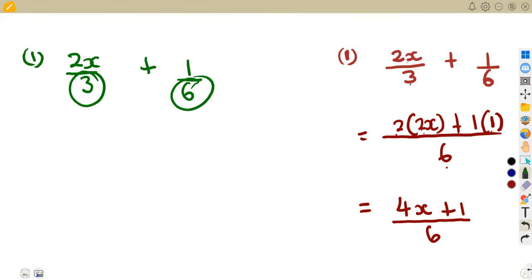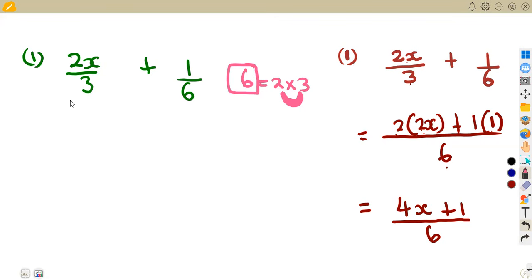Okay, I know that the LCD of the denominators is 6, which is a product of 2 and 3. If you multiply 2 and 3, you get what? You get 6. So what we want is to maintain our LCD, which is 6.